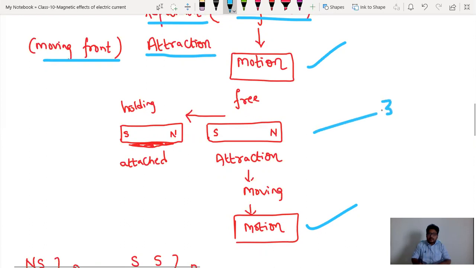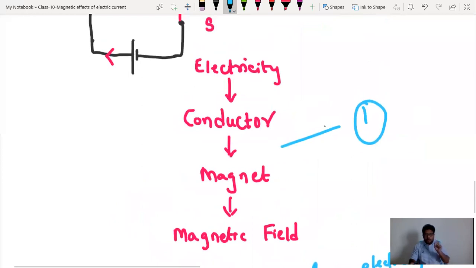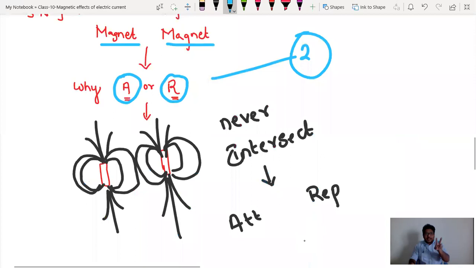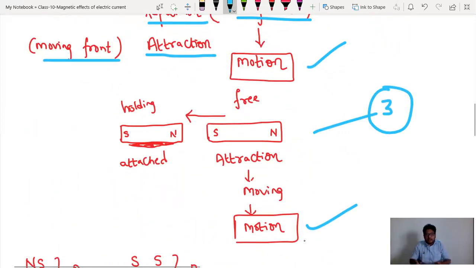That is the third concept. So once again, first concept, if you pass electricity through a conductor, the conductor behaves like a magnet and a magnetic field is produced. Number two, if two magnets are placed near, whether side by side or one upon another, there will be either attraction or repulsion for sure. When there is attraction or repulsion, definitely you can say there is motion.